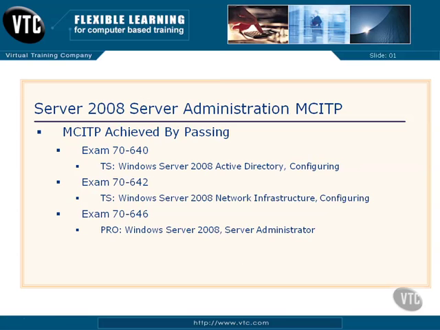It goes into a little more detail, and it also combines your understanding of the first 2 as well. Once you pass that exam, now you have the pro certification. You are an MCITP. Go out there and look at some of the salary information for MCITPs, what the certification does to your average salary, what it does to your chances of getting hired, and so forth. It's some pretty phenomenal stuff.